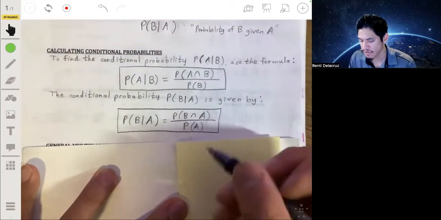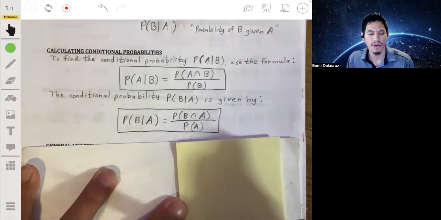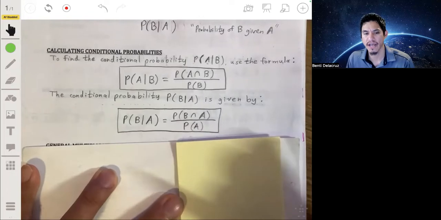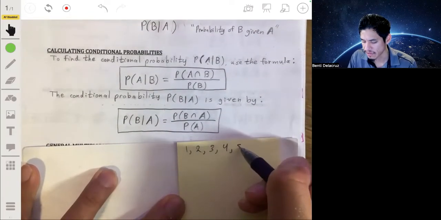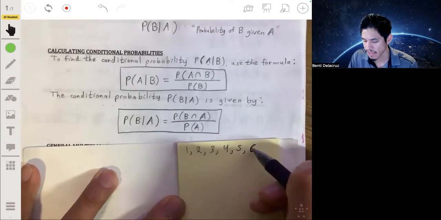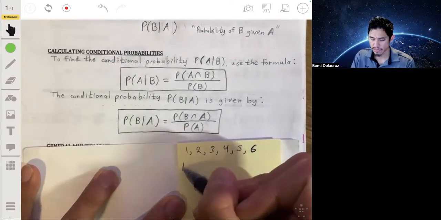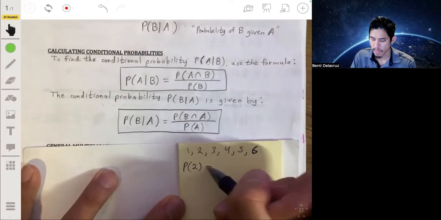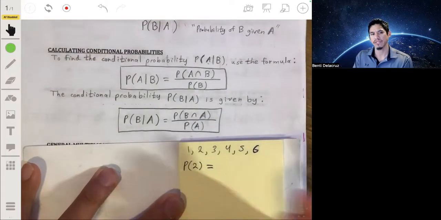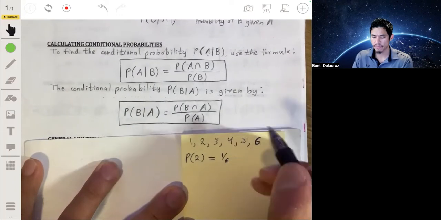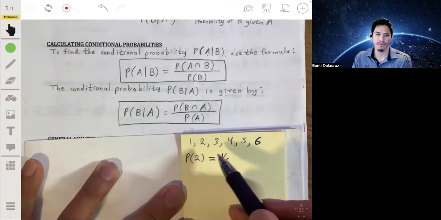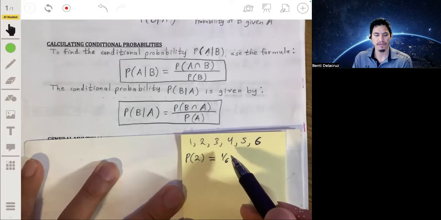Let's say we have a six-sided die with the numbers 1, 2, 3, 4, 5, and 6, a fair die. And I ask you, what's the probability of rolling a 2? You're like, oh, it's easy, it's just 1 out of 6, because there are 6 numbers, and they all have an equal chance of rolling up. So the probability of rolling a 2 is 1 out of 6.